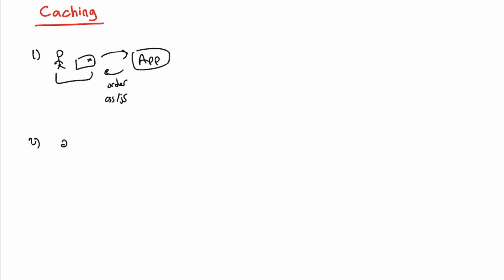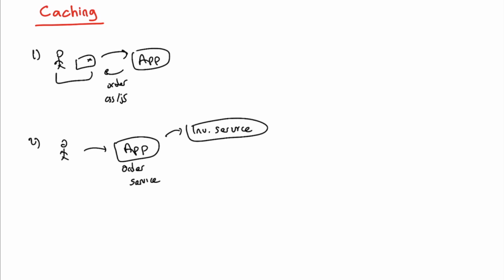Another common example is host level caching. So again, you are calling some application here, and this application is actually, let's say this is our order service. And maybe this order service needs some invoice information, and it's calling invoice service here. So when you get the invoice back, the application server might cache it within the host itself.